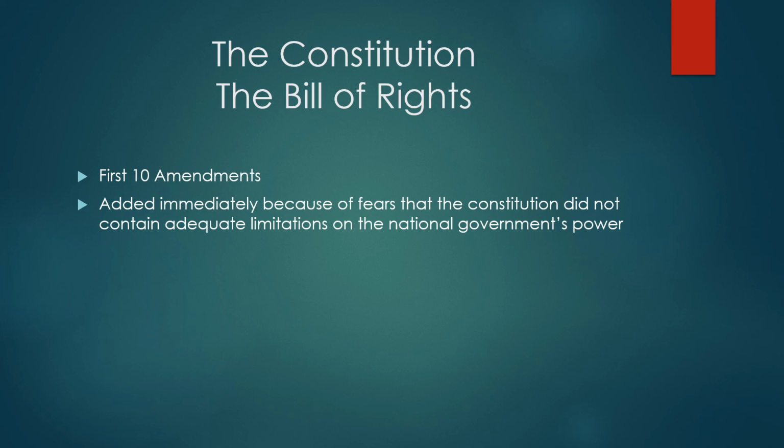It's important to understand that the Bill of Rights was initially written to protect us from a more powerful national government, so that they couldn't take our freedom of speech or our freedom of religion away from us. It was not meant to protect us from state governments. It was 10 amendments attached to the United States Constitution, which in effect limited the power of the national government.